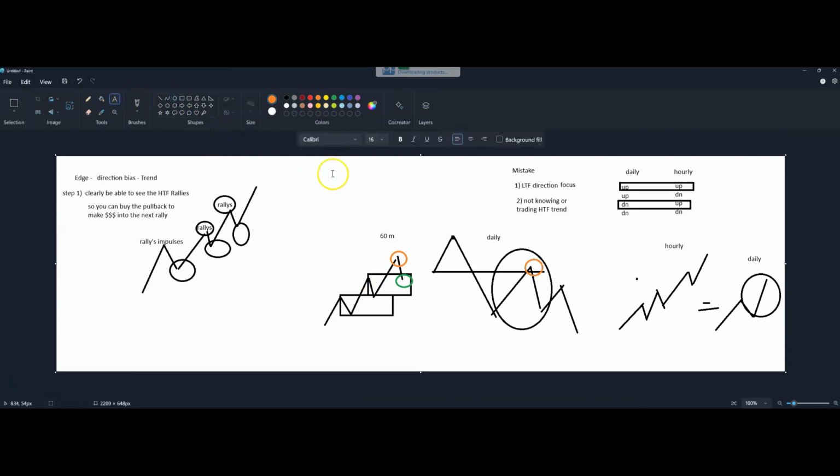Because higher time frame support resistance levels are stronger than lower time frame trends. Okay? High time frame support resistance level is stronger than lower time frame trends, and they will win. High time frame trends will win, or generally they will win. All right, so you have to know which scenario it is.